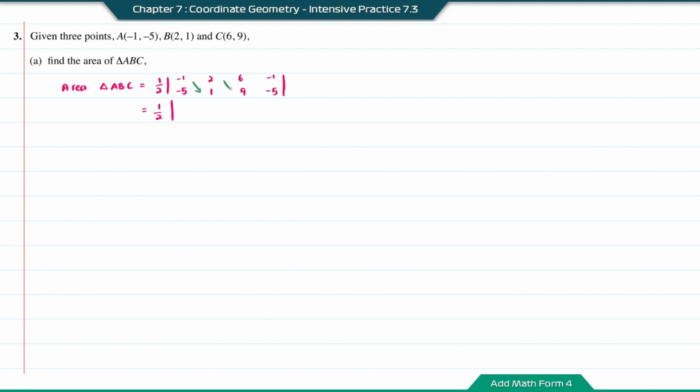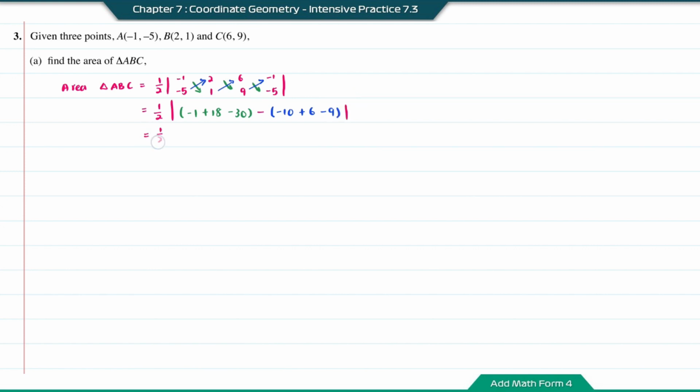Then I'm going to sum up all products in this direction. So in the bracket, -1 times 1 is -1, 2 times 9 is +18, 6 times -5 will be -30. Then minus the sum of all products in these directions. So in the bracket, -5 times 2 will be -10, 1 times 6 is +6, and 9 times -1 will be -9.